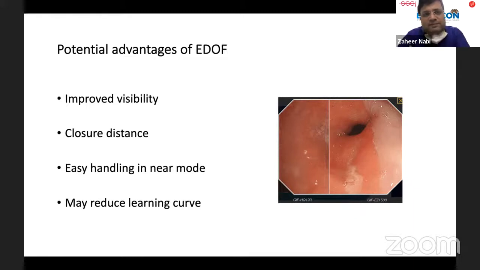Is it possible that with EDOF mode you can reduce that dependency on the operator and be more free and reliably visualize the lesion, with no need to exactly maintain the distance that is normally required when you are doing an NBI with, say, a 190 scope, not using EDOF mode?